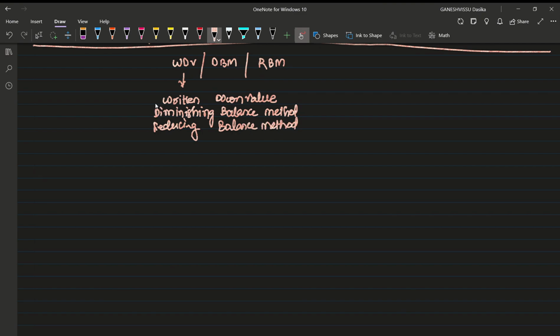Written down value method, diminishing balance method, or reducing balance method, all are the same. So if any of these comes in the examination, there is no need for confusion.